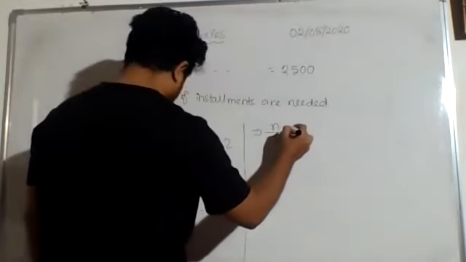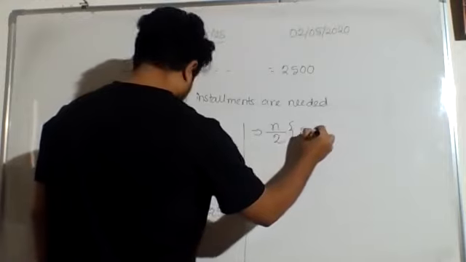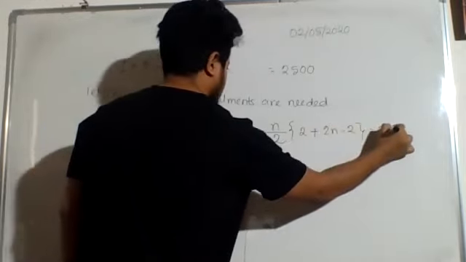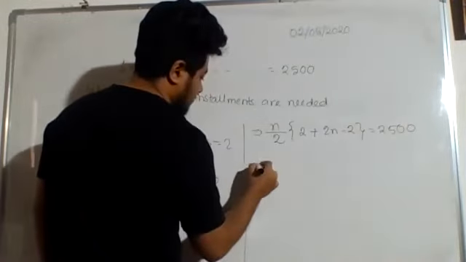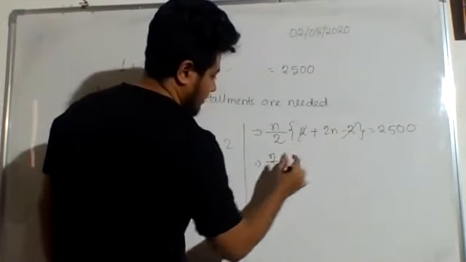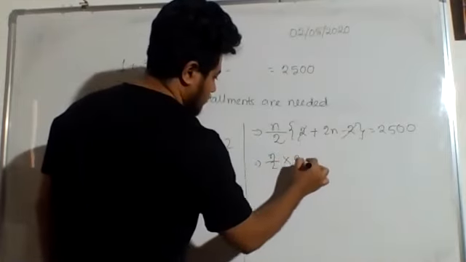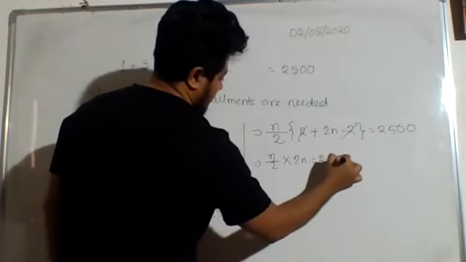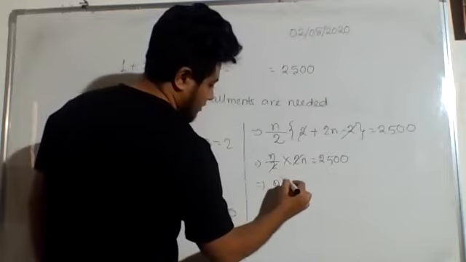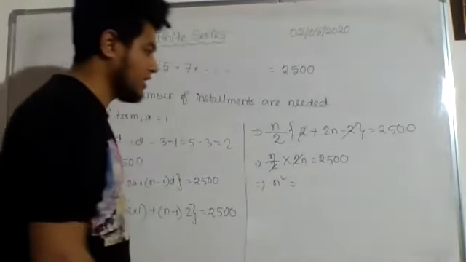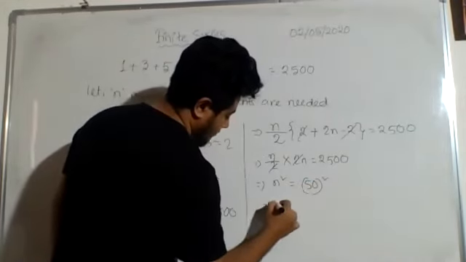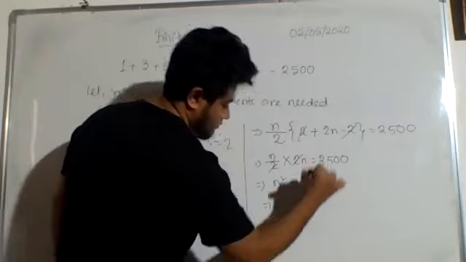So n by 2 into 2 plus 2n minus 2 is equal to 2500. 2 and 2 will get cancelled, so it will be n into 2n over 2, and the 2 cancels, n into n, it will be n square. Now 2500 can be written as 50 square. So n is equal to 50.